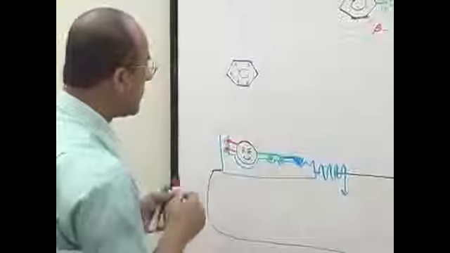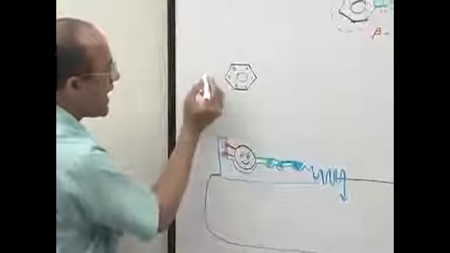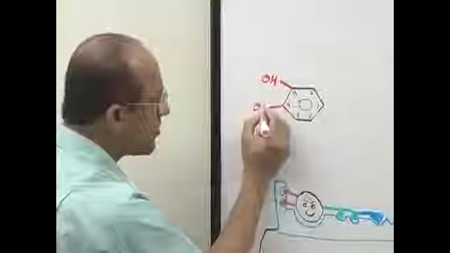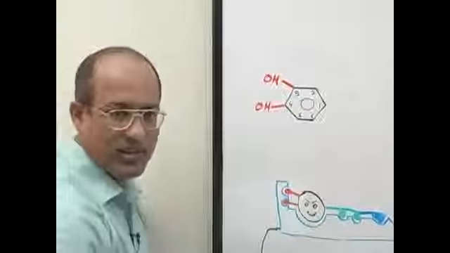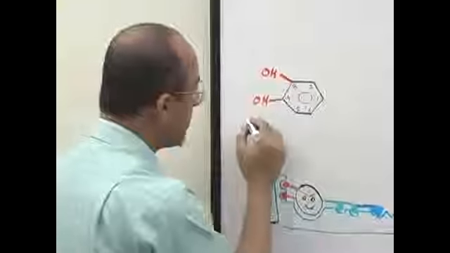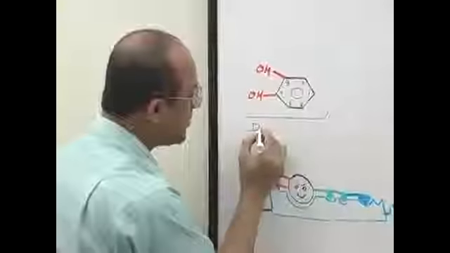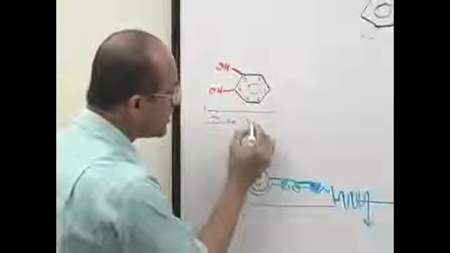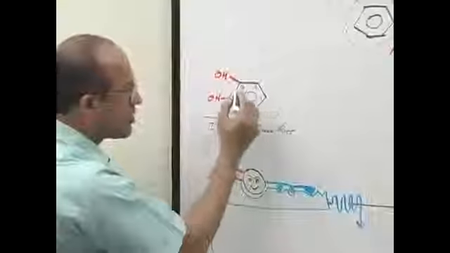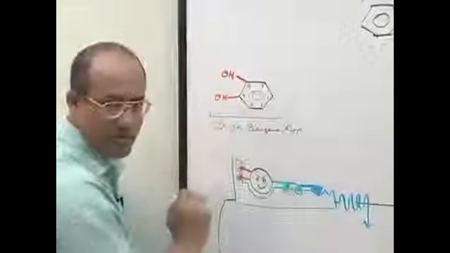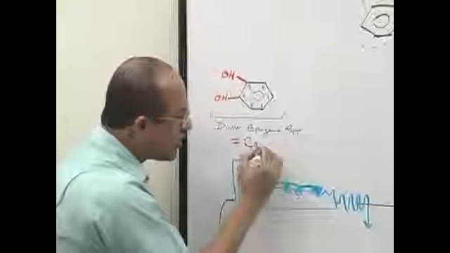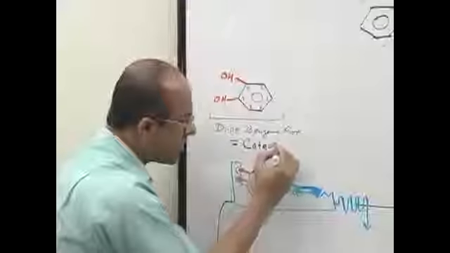Now, if we add hydroxyl groups here, then this compound is called a dihydroxy benzene ring. The other name for dihydroxy benzene ring is the catechol ring.